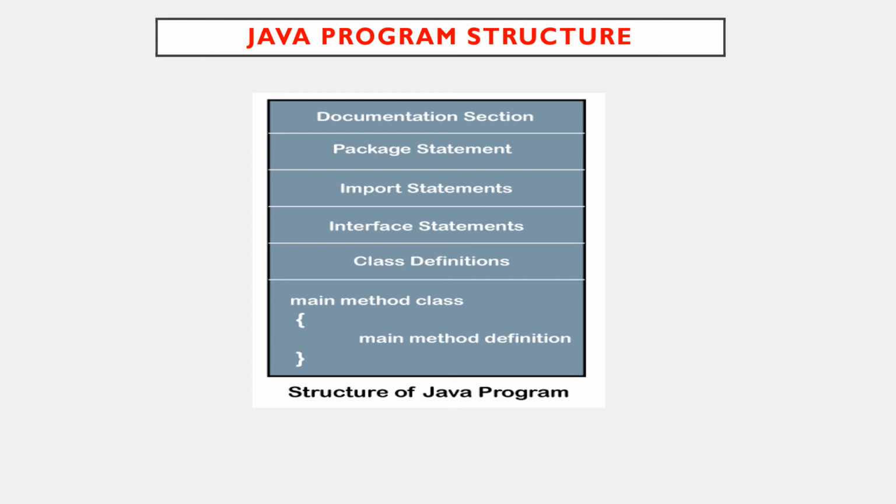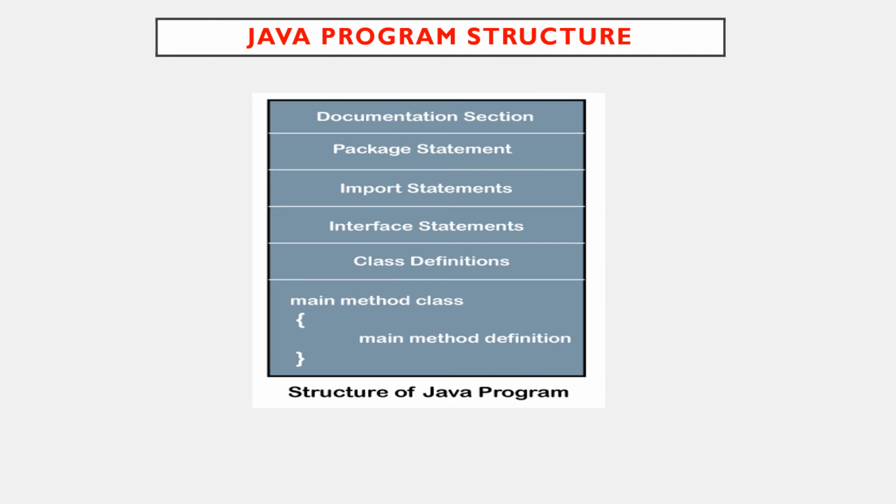A Java program has one or more sections. First section, the documentation section. The documentation section comprises a set of comment lines giving the name of the program, the author, and other details which the programmer would like to refer to at a later stage. The comments must explain the why and what of the classes and the how of algorithms.